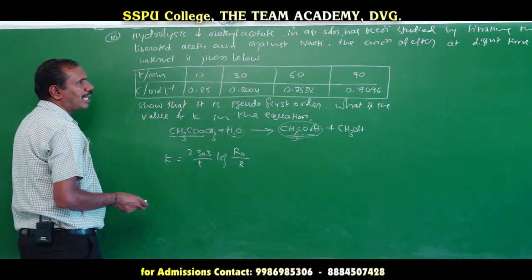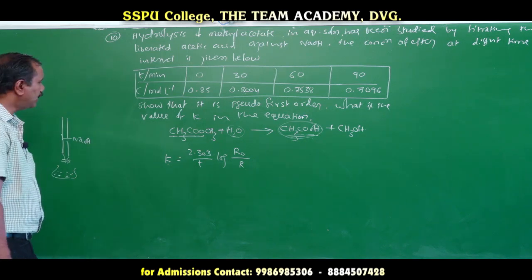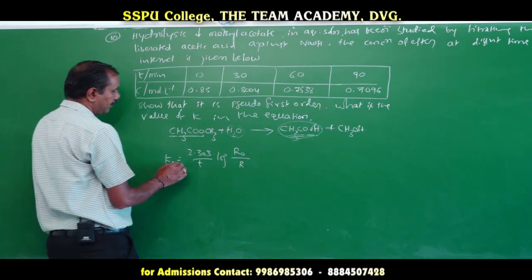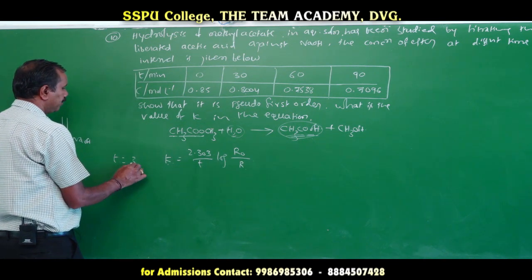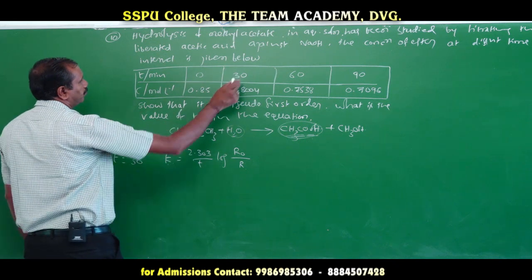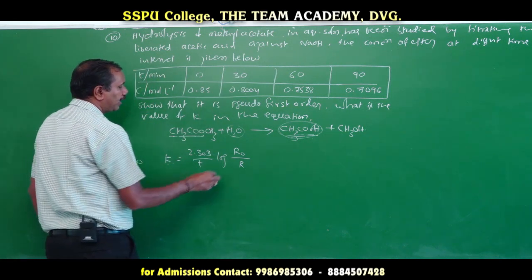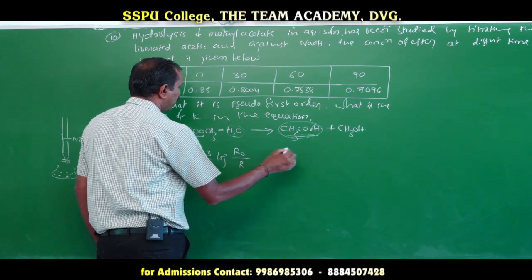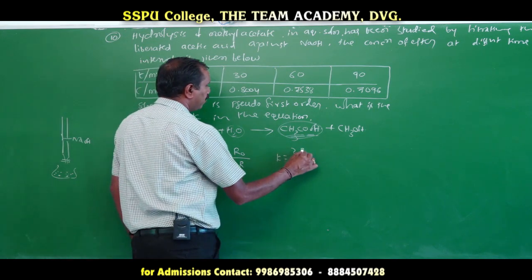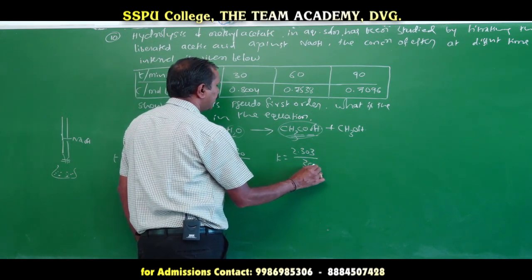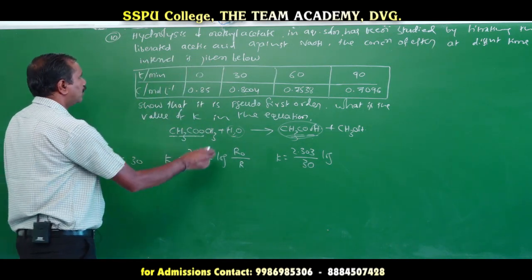So, how to predict through calculation? If the K value at different time intervals remains constant, then it is first order kinetics. We will calculate when t equals 30, at the 30th minute. K can be calculated by 2.303/t log(R0/R), so K equals 2.303/30 log of the initial concentration.